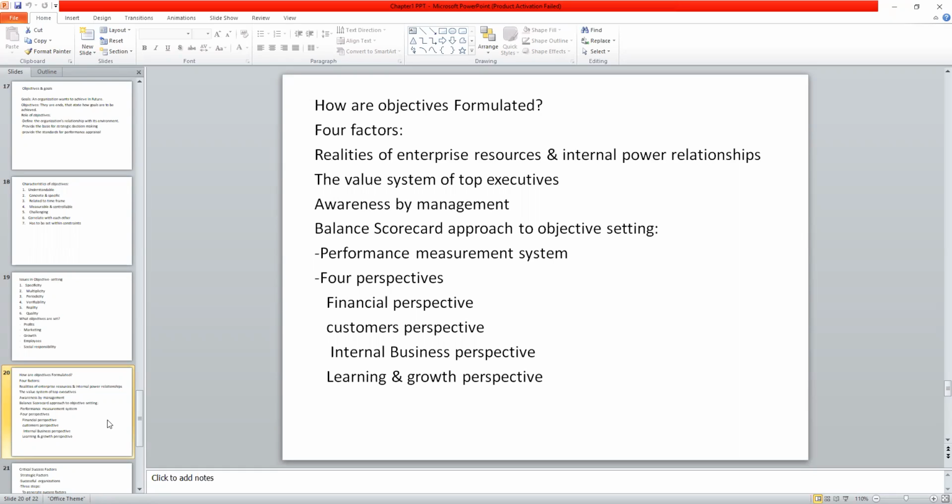The value system of the top management. Now, the value system of the top executives always has an impact on the corporate philosophy that the organization has to adopt with reference to strategic management in generality, in totality.